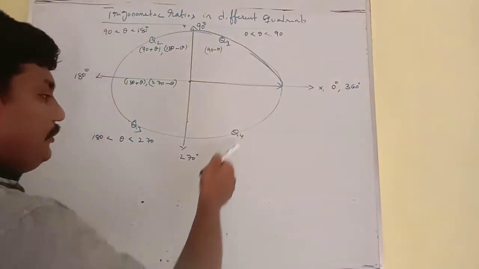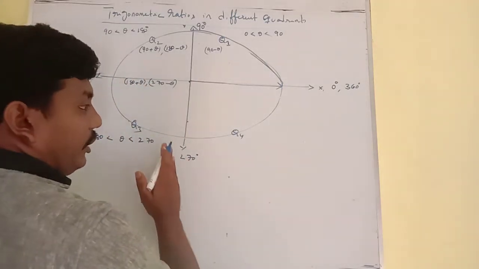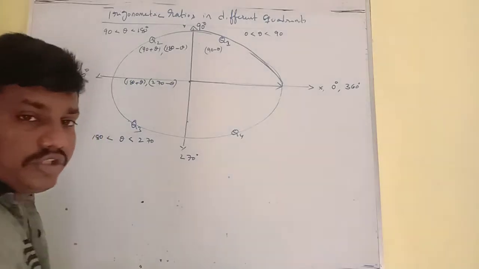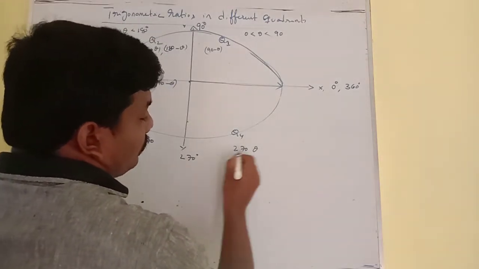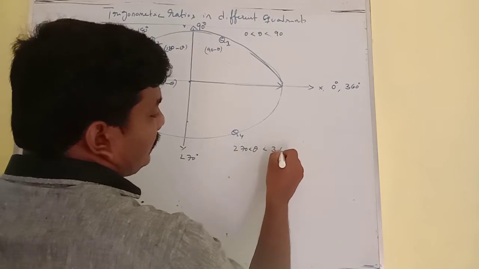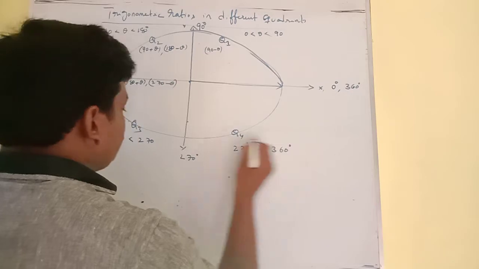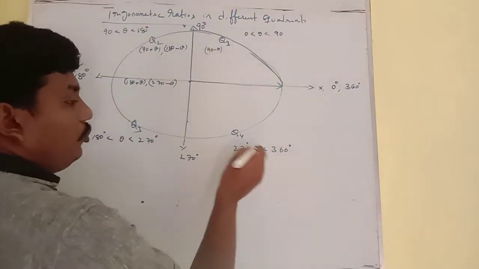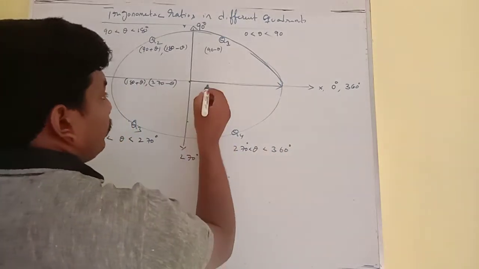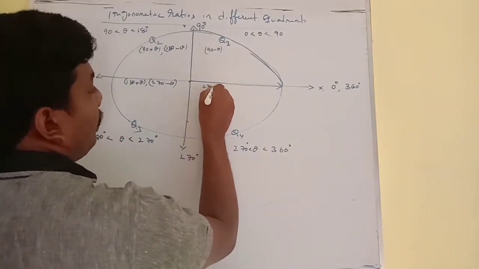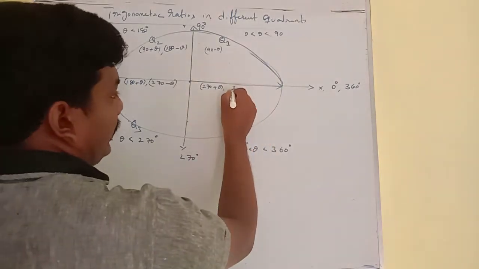Then coming to quadrant 4. If theta is rotating from the negative y-axis to the positive x-axis, then theta lies between 270 and 360 degrees. This is called a fourth quadrant angle. The angles can be written as 270 plus theta and 360 minus theta.